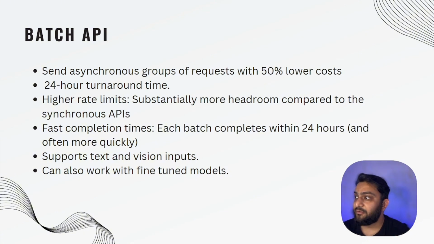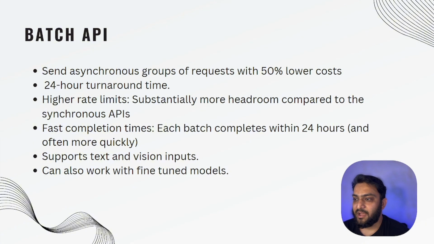Next is higher rate limit. OpenAI has a rate limit on the regular streaming API, basically to stop some sort of attacks, like if somebody is doing too many requests at a time, say 5 million requests in a day.